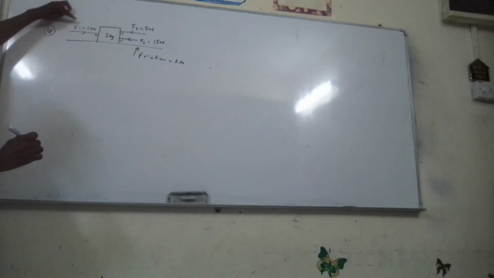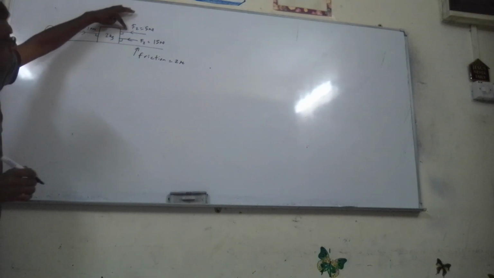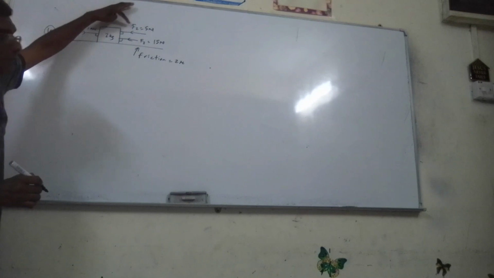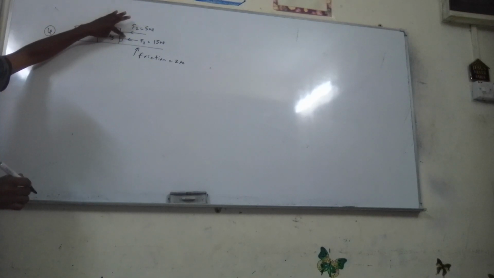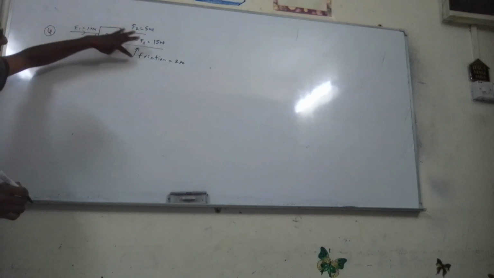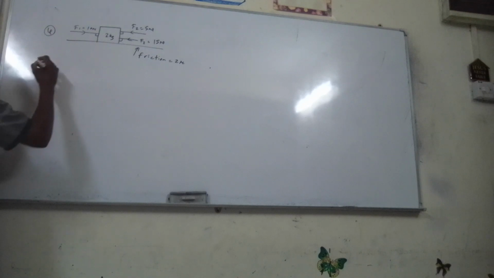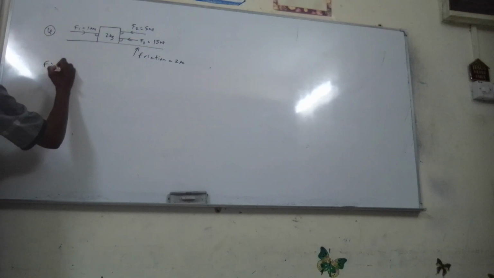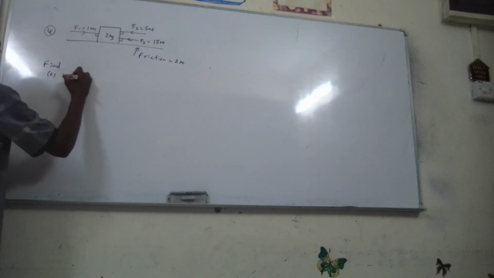So F1 is 10 Newton, F2 is 5 Newton, F3 is 15 Newton. Three forces, F1, F2, F3, and the friction is 2 Newton. Find a resultant force.